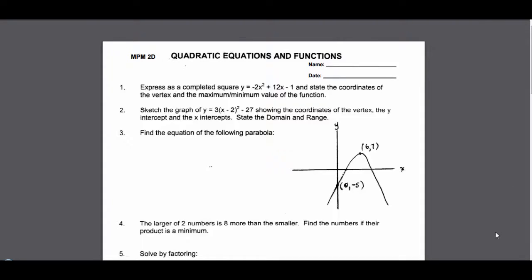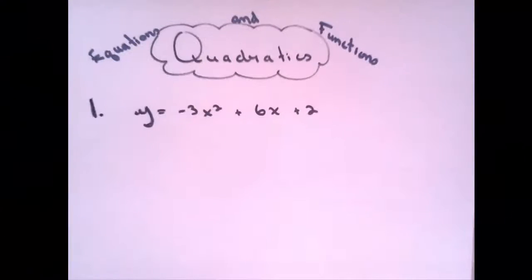Okay, let's look at question 1. So take a minute to read it, and I'm going to solve it, but I'm going to use a different equation. Okay, in number 1, the equation's changed, and let's express this as a completed square, and then we can state the coordinates of the vertex and the max or min value of the function. So first thing is we complete the square.